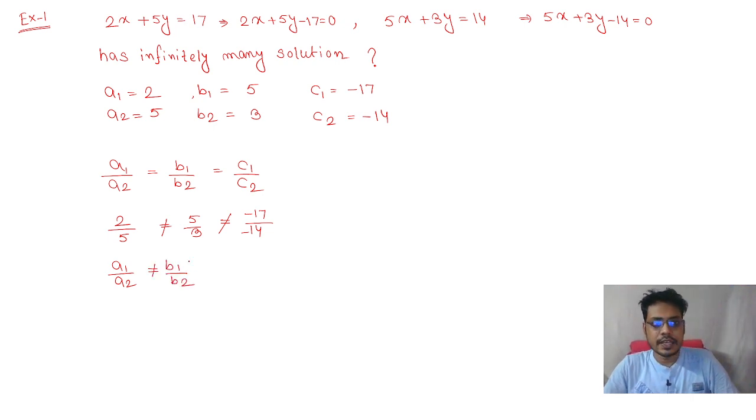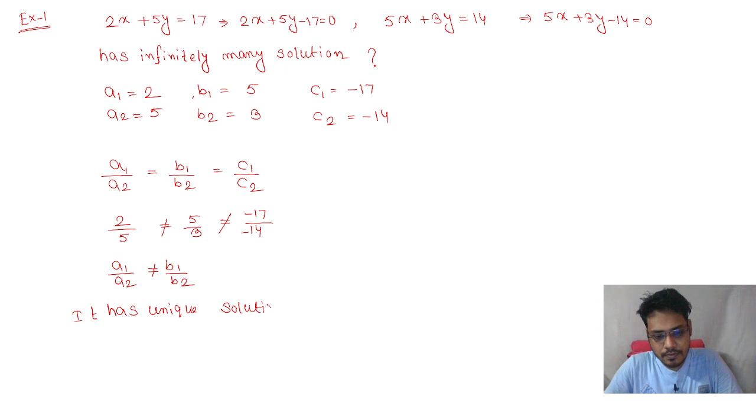That means it does not have infinitely many solutions. The condition a1 by a2 not equal to b1 by b2 means it has a unique solution. So this has a unique solution.